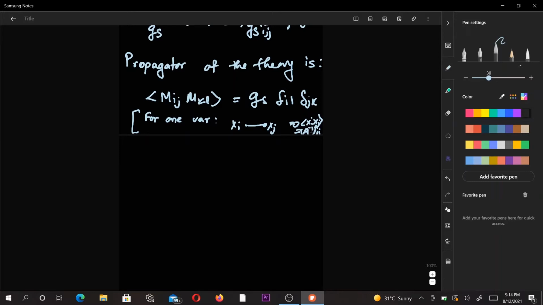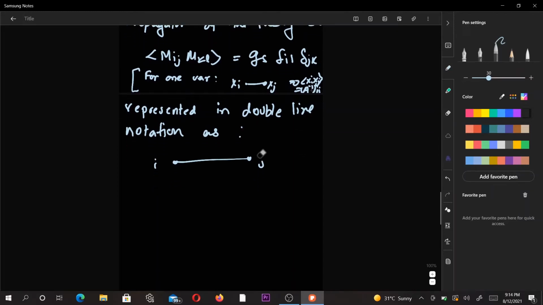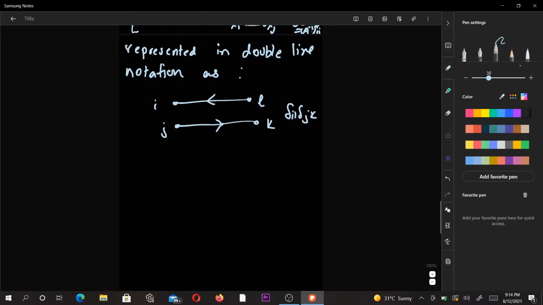So the propagator of the theory of matrix models can be represented in double line notation as delta_il delta_jk. The notation is, it's going into one of them and going, it's sort of like a loop.